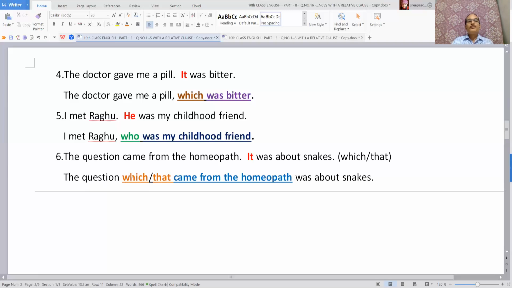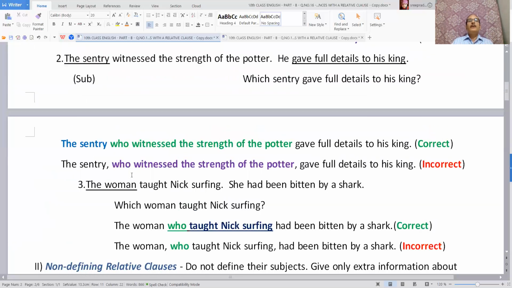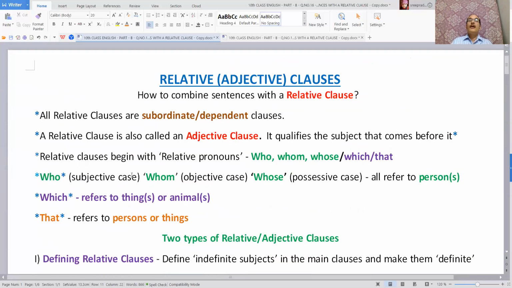Okay. Now, in this video, what we have discussed so far is that relative clauses are also called adjective clauses, and they are also called subordinate clauses or dependent clauses. Relative clauses are formed by using relative pronouns who, whom, whose, which, and that. Who, whom, whose refer to persons, which refers to things or animals, and that refers to persons or animals.